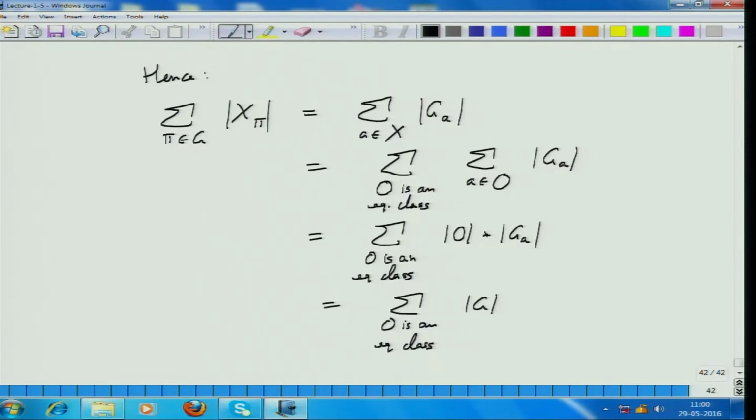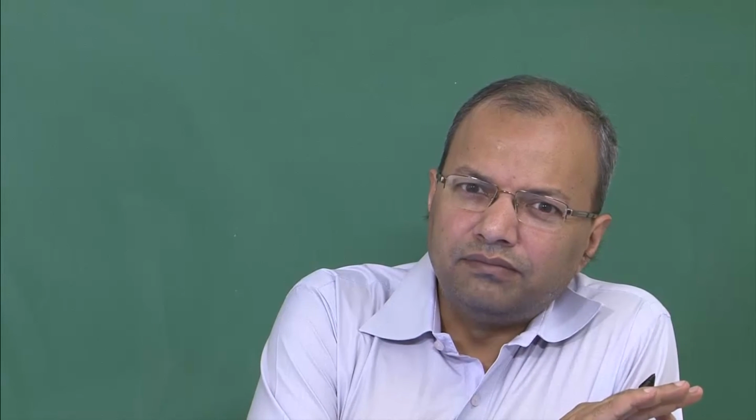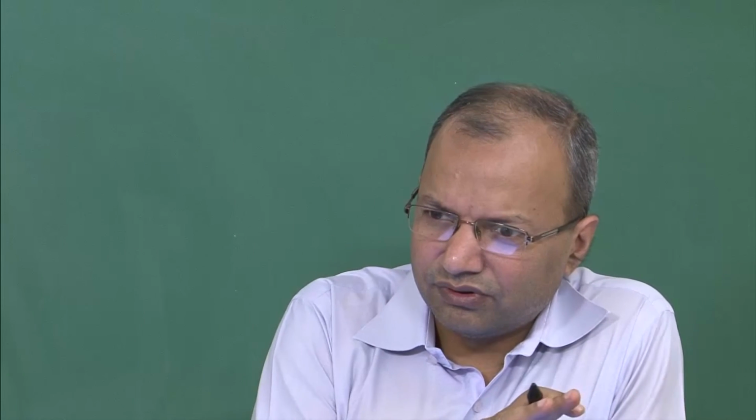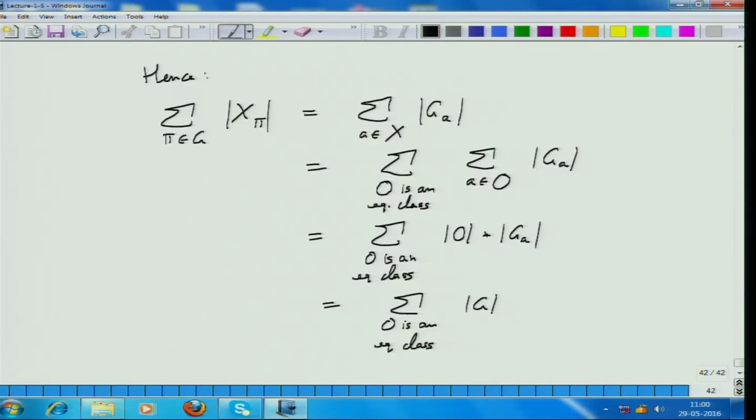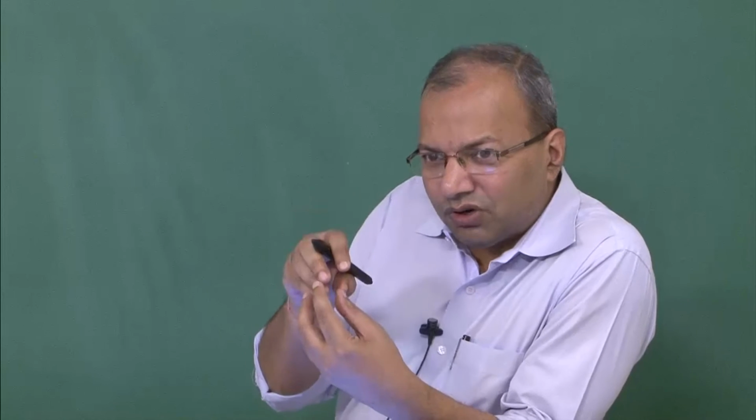O is an equivalence class, and the claim is that size of GA times size of O equals size of G. To prove this, I will appeal to you to think about the last lecture or the lecture before and observe the following. G is a group. First observation is that GA is a subgroup of G. Then when we quotient G with GA, you get equivalence classes.